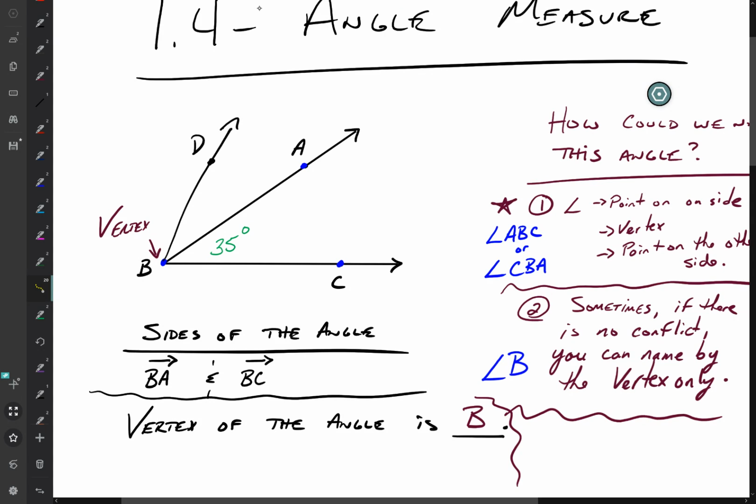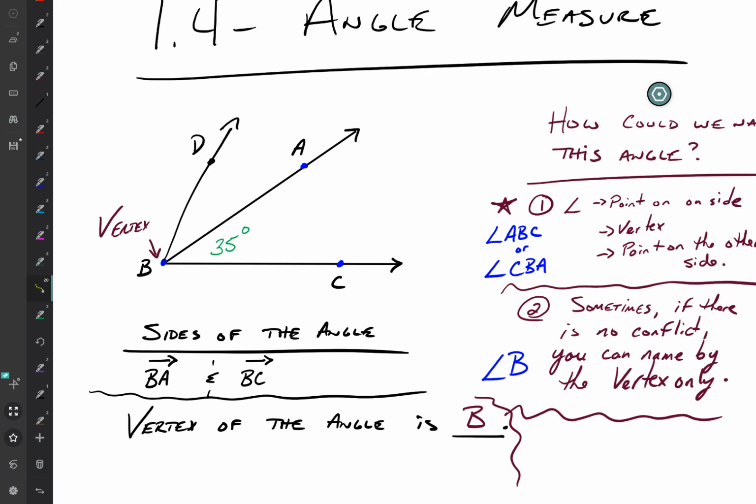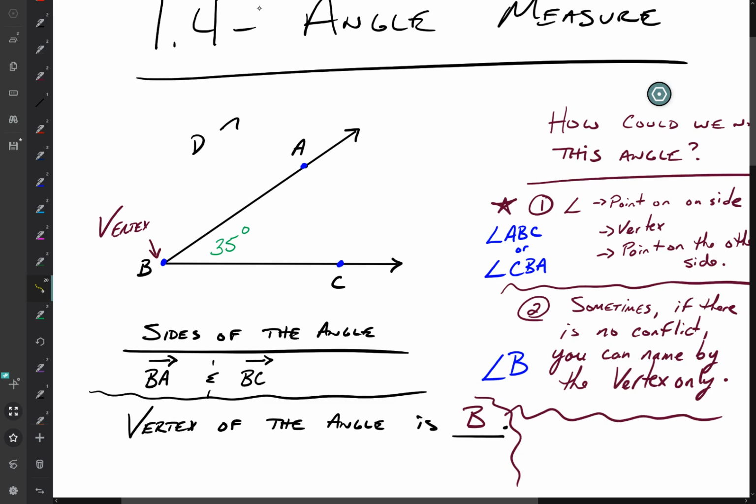Now there's angle DBC, the big angle, there's angle ABC, and there's angle DBA. So if I just said angle B there, would you know exactly which one of those 3 I was referring to? No. So you could not name it that way in that case. That's why, keyword there, sometimes.